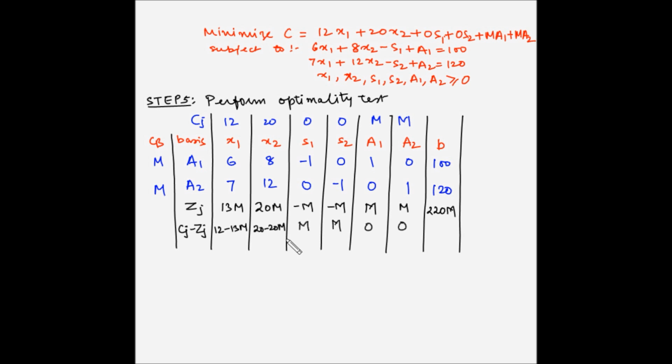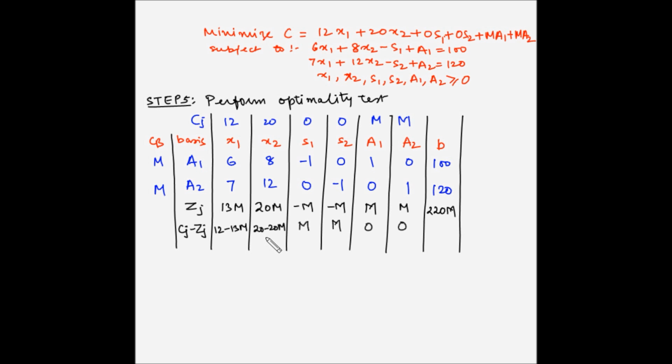So here let's evaluate whether these values are positive or negative. M was considered a big positive number, so definitely these two values are positive. Now here 12 minus 13 into m. 12 is very low as compared to the value of m, considering that m is an infinitely large number. So this number is as good as minus 13 times m.